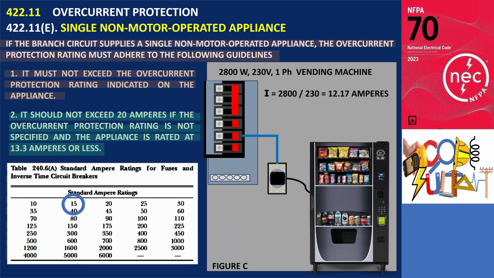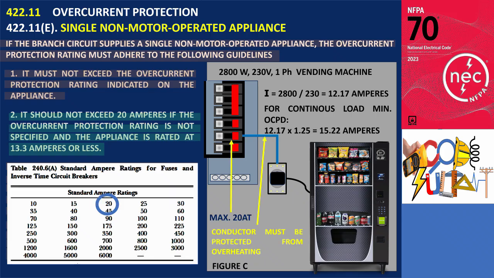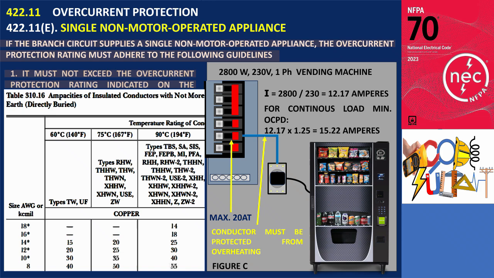However, if the vending machine operates for more than 3 hours, it is classified as a continuous load, requiring us to multiply by 125%. This calculation yields a current of 15.22 amperes, so a 20 ampere device is appropriate. This still complies with guideline number 2. Additionally, the branch circuit overcurrent protective device must protect the branch circuit conductors from overheating. According to Table 310.16, a minimum conductor size of 12 AWG with the appropriate ampacity should be used.